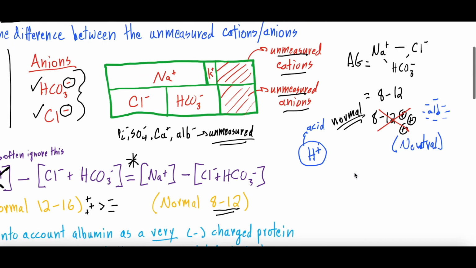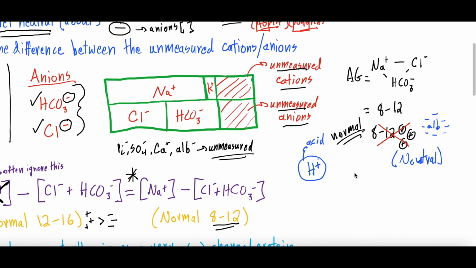So if we have a high anion gap, it is implying that there has been a change in the amount of acidic compounds in the blood because acids are positive. So if we increase the amount of positive particles, meaning there's more acid around, and you leave the amount of negative particles, what's going to happen in the body is that you're going to have bicarbonate, right, a base, come in here, neutralize these acid particles, so you're going to have less bicarbonate.